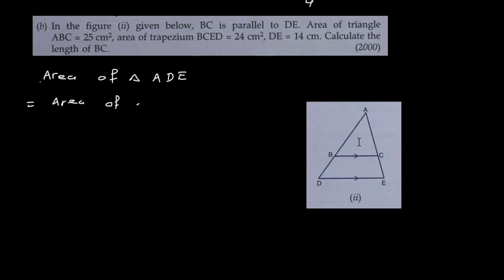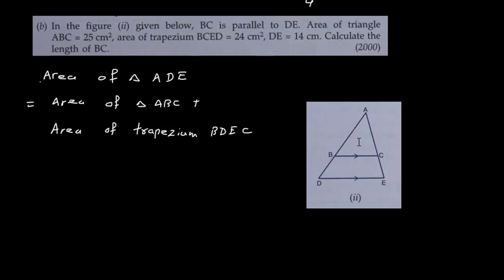If I add these two areas, I will get the area of triangle ADE. So area of triangle ADE is equal to area of triangle ABC plus area of trapezium BDEC.